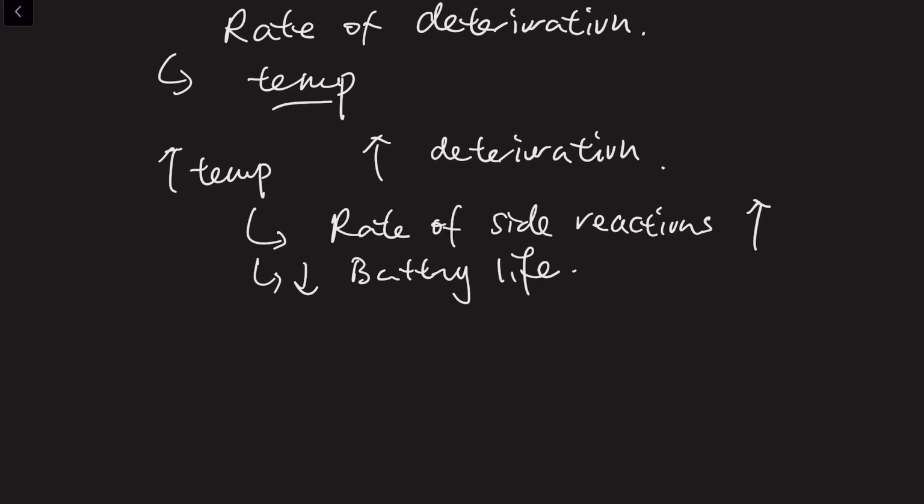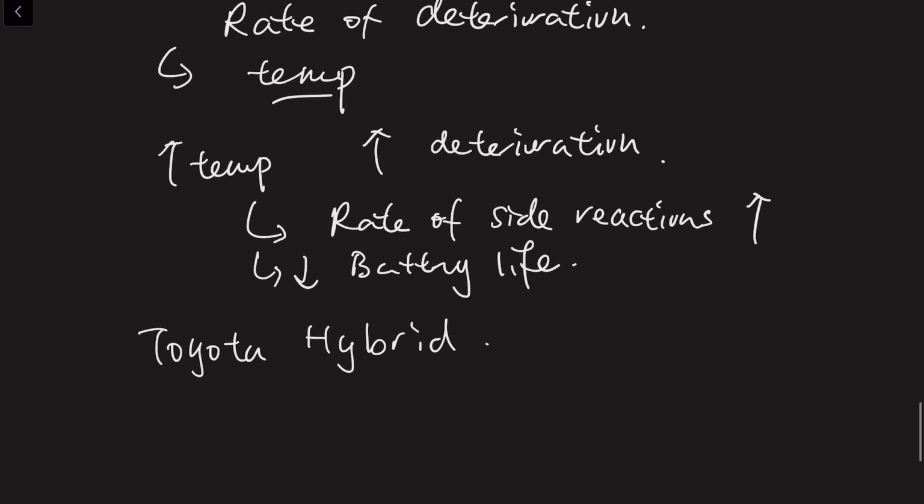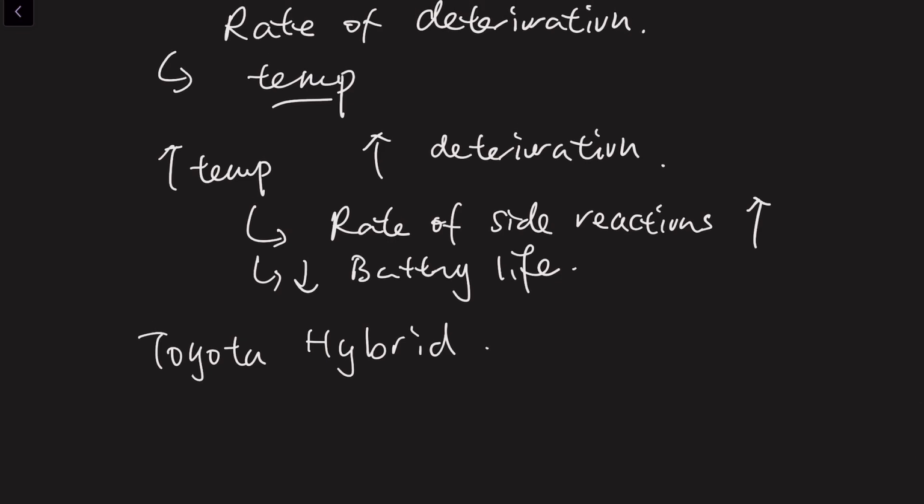One real-life example is the hybrid models of Toyota cars. In the earlier generations of Toyota hybrids, they did not have a filter for the cooling fan. So the cooling fan would sometimes be blocked by things like dog hairs. And once the cooling fan has been blocked, the hybrid battery cannot be cooled down anymore. And that's the usual cause of battery failures.